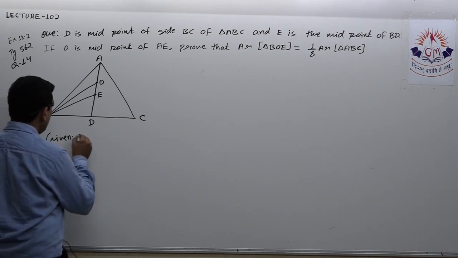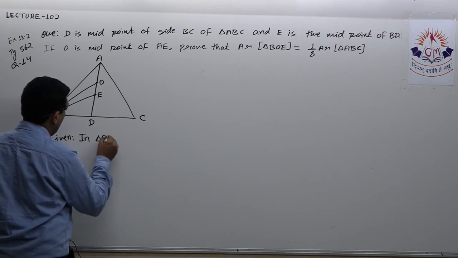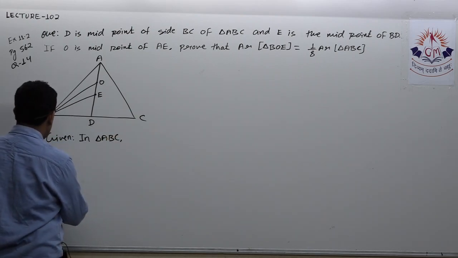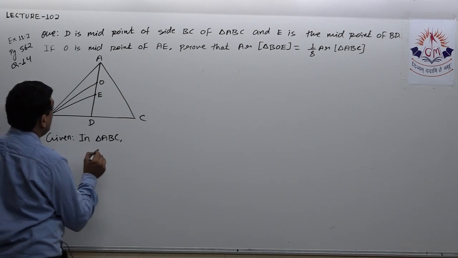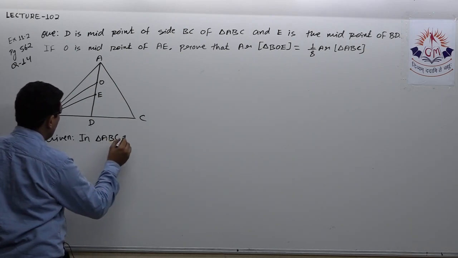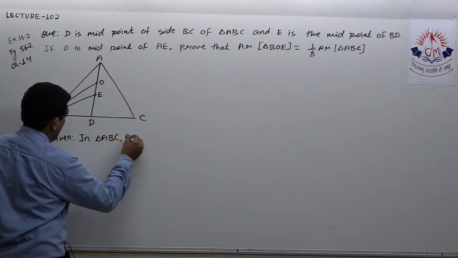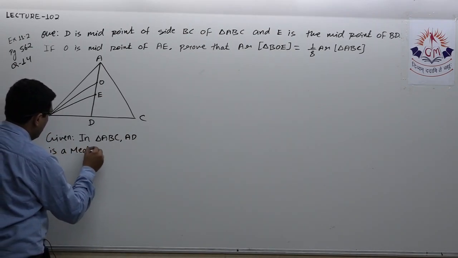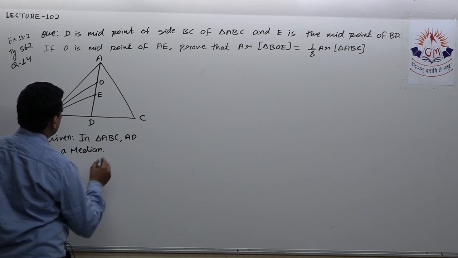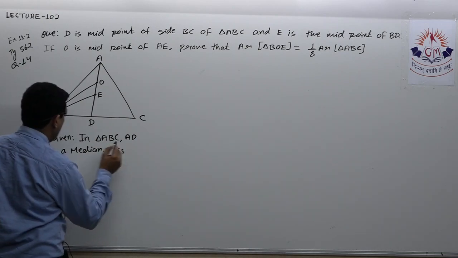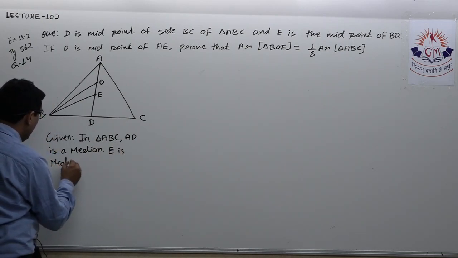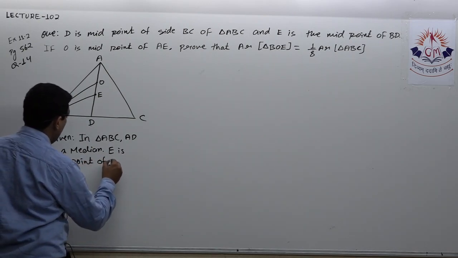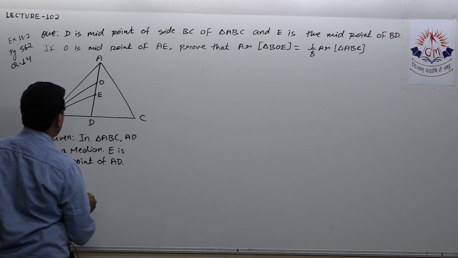Given in triangle ABC, AD is a median. E is midpoint of AD.